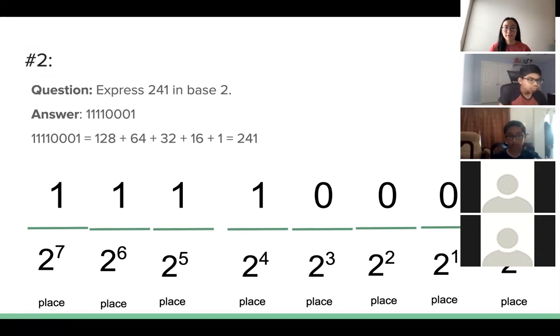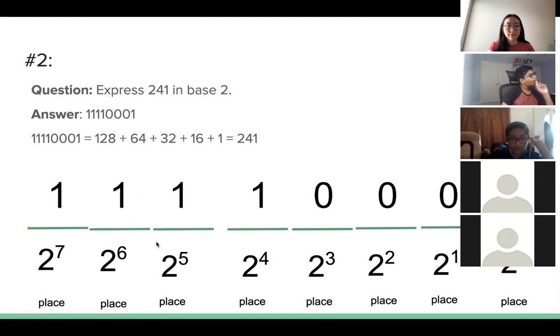So a 1 in the 128's place. And then that leaves us with 113 left as our remainder. So this next place is the 64's place. So we can put a 1 there and subtract 64 from 113. So now we just have 49 left over.